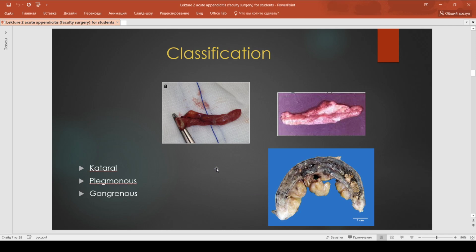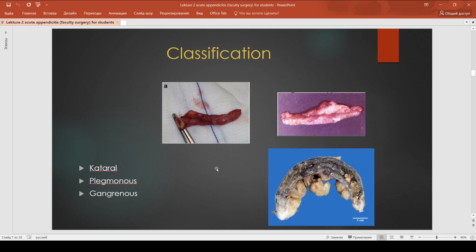In morphological classification, we can use three phases: catarrhal, phlegmonous, and gangrenous. If you see a red appendix vermiformis with wide vessels, it means it's catarrhal appendicitis.